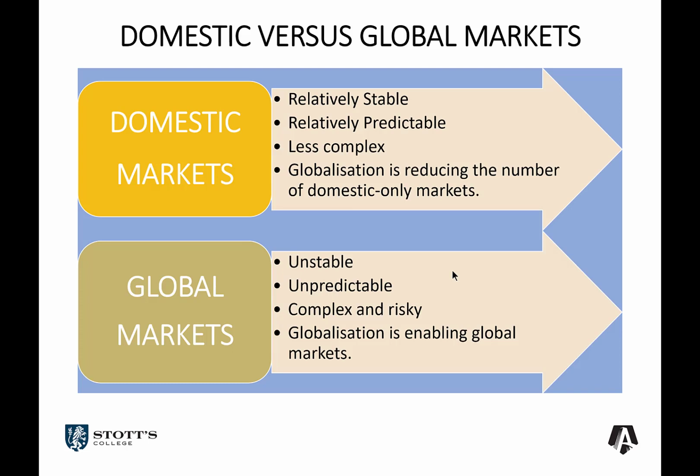Domestic markets tend to be relatively stable, relatively predictable, and less complex. The reason they're less complex is because you're only dealing with one business environment, one industry environment, one country environment, rather than multiple industry, business, and country environments.